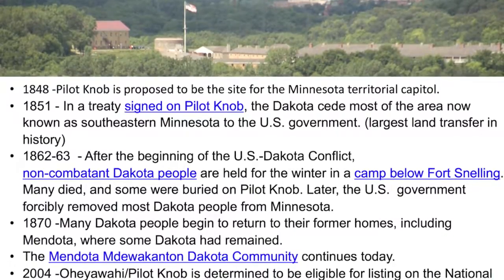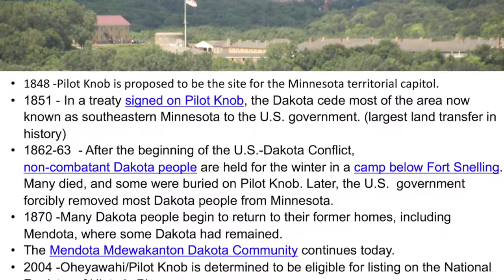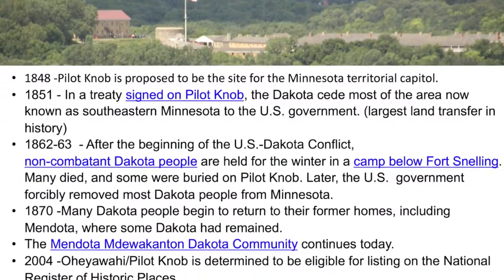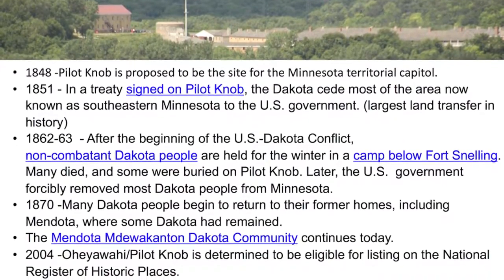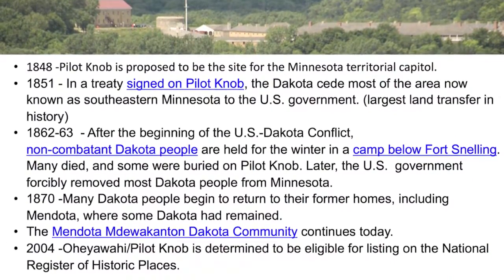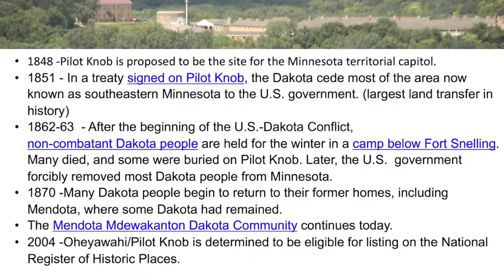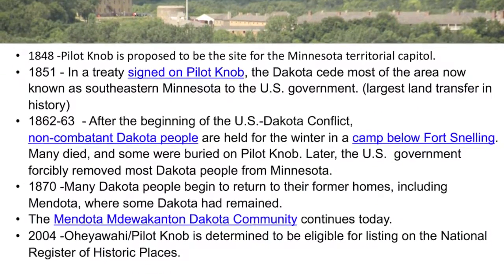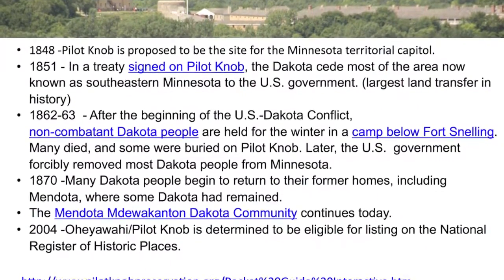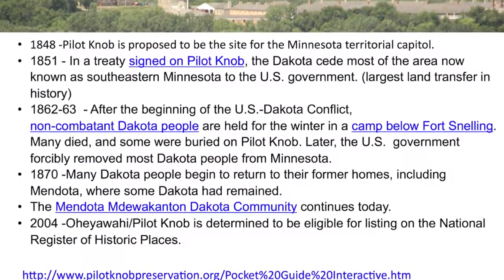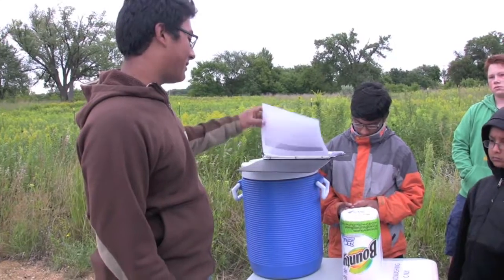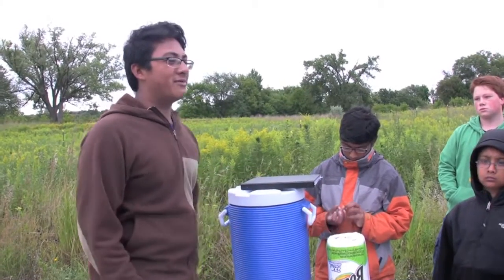In 1870, many of the Dakota began to return to their former homes, including Mendota. Some of the Dakota had stayed there, and the Mendota Mdewakanton Dakota community is still there today. In 2004, this hill was determined to be eligible for the National Register of Historic Places. And that's the end of the brief presentation.